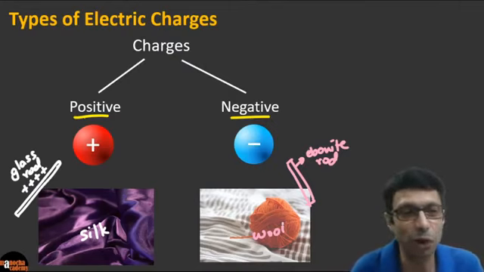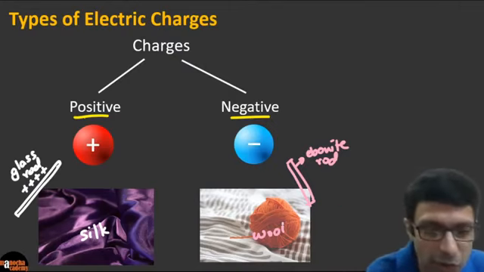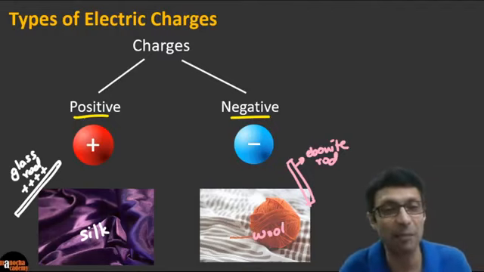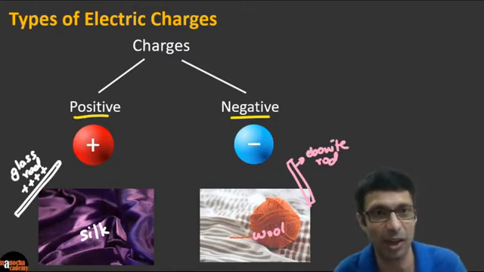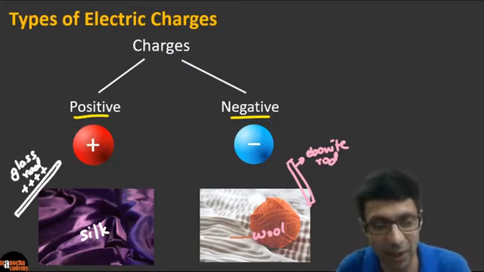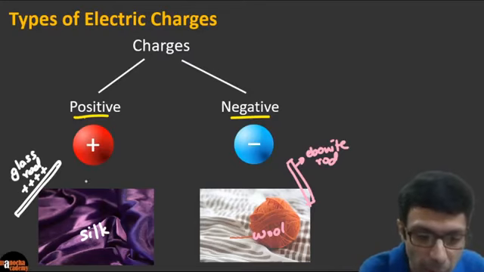So when an ebonite rod is rubbed on wool, very good, it gets a negative charge. Charges can be classified as positive and negative, and this convention has been decided by the scientists. This team of scientists said, okay, when a glass rod is rubbed on silk, we'll call it positively charged.